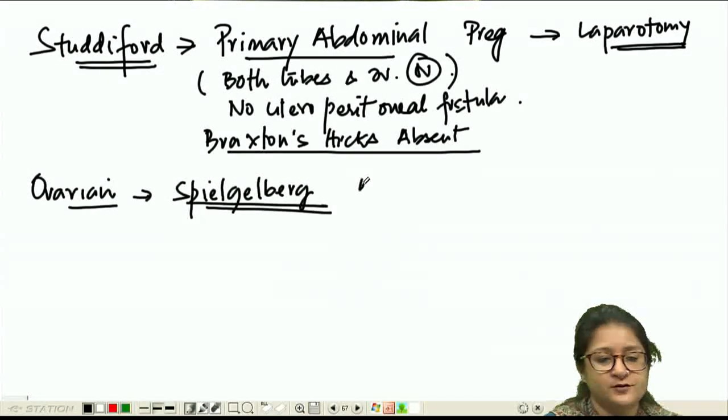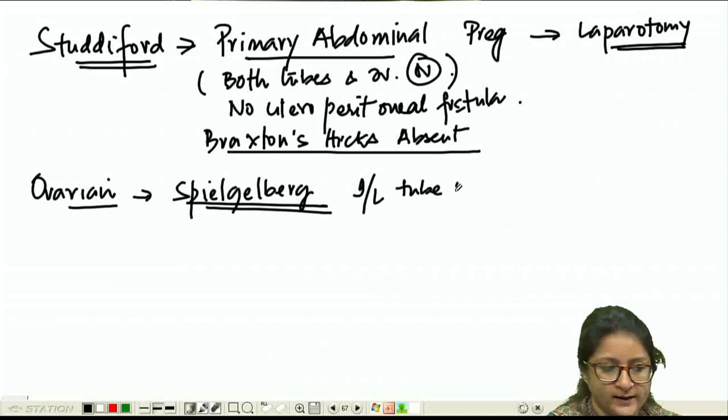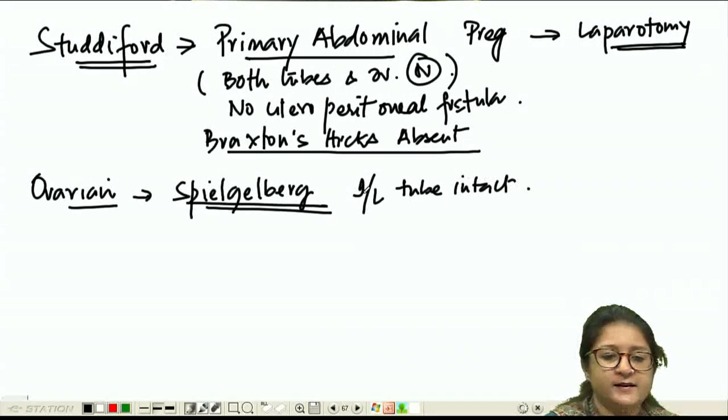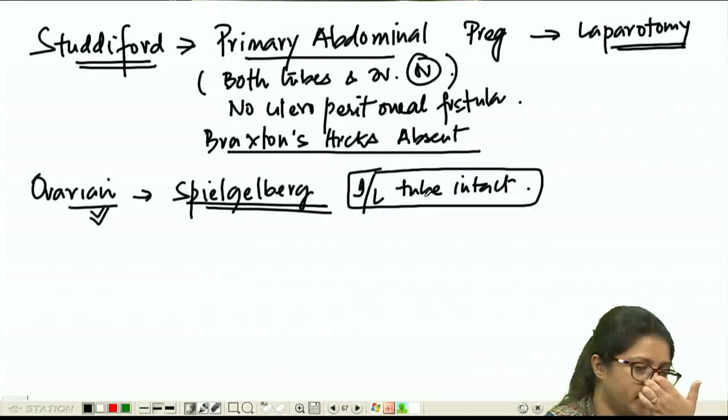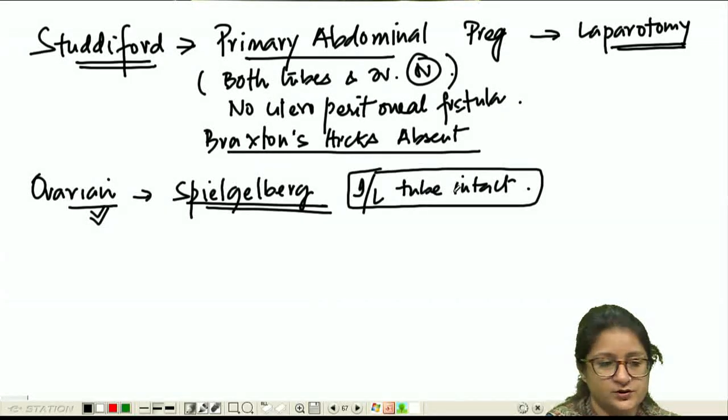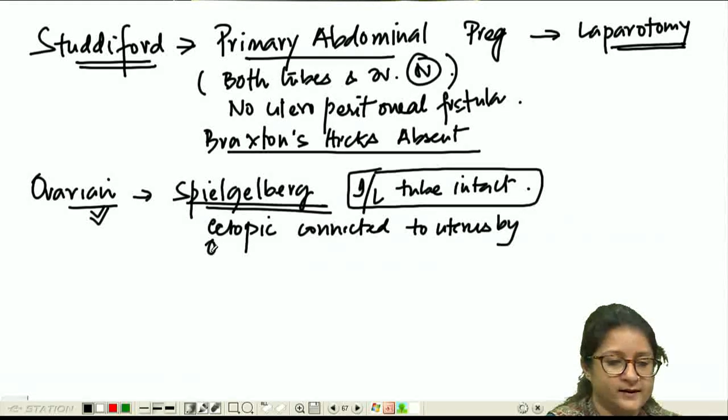In Spiegelberg, you have to see that the ipsilateral tube is intact and the location is that of the ovary. The location of the pregnancy is that of the ovarian location. So we have to see that the ectopic is connected to the uterus by the ovarian ligament.